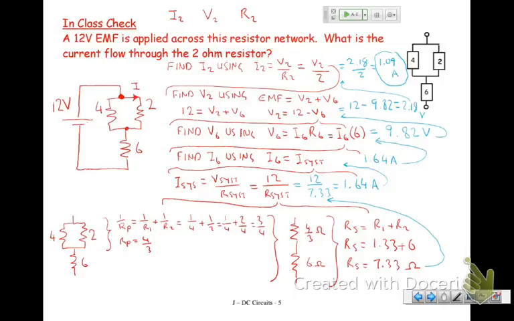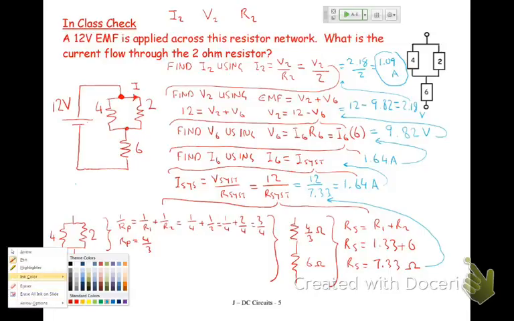I can tell you, for example, that if I have a 4 and a 2 ohm resistors in parallel, then if I add them together, I get 6. The little resistance gets the big current. I want to go to a different color because I don't want to get this confused, because this is just a little bit of an insight that you might like with experience.